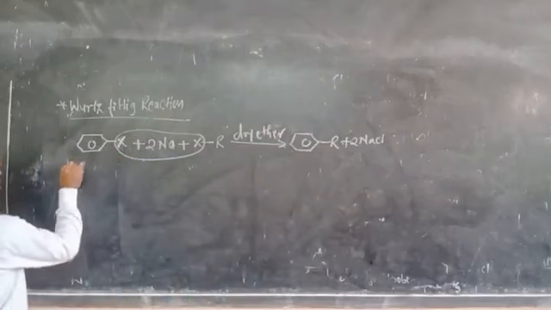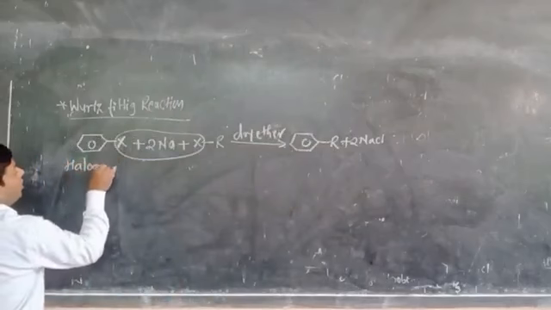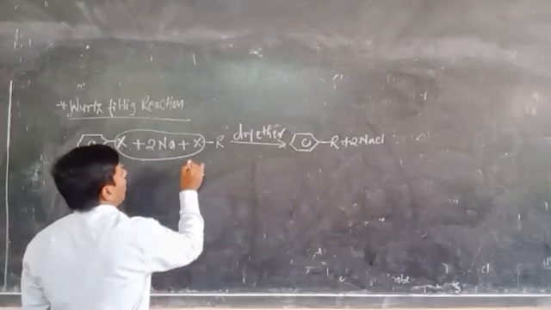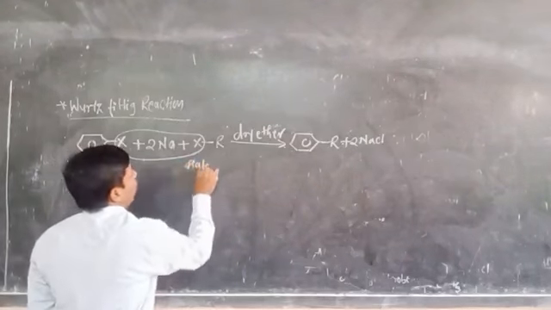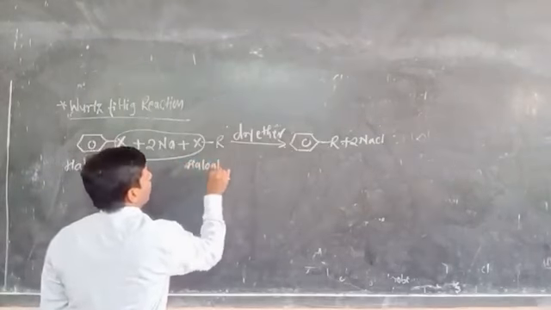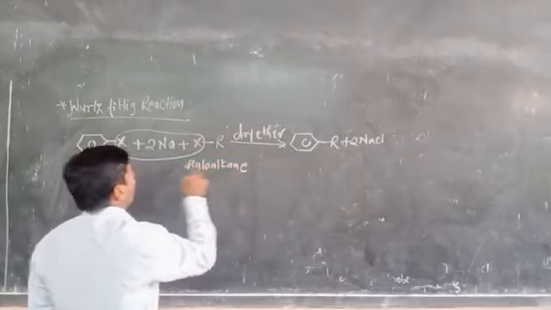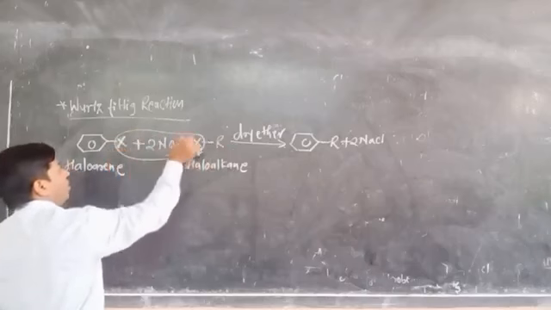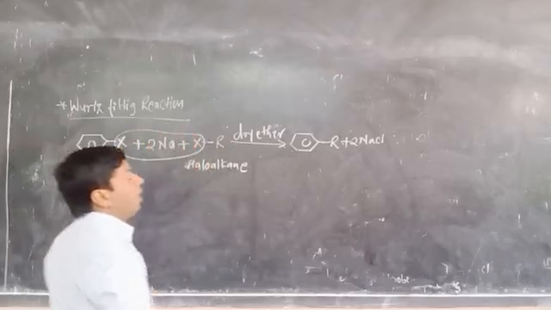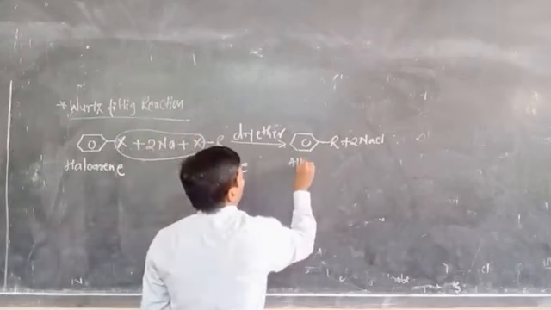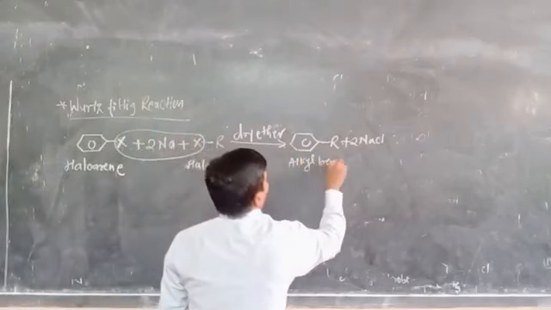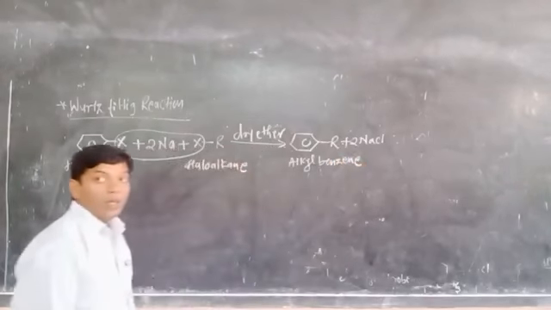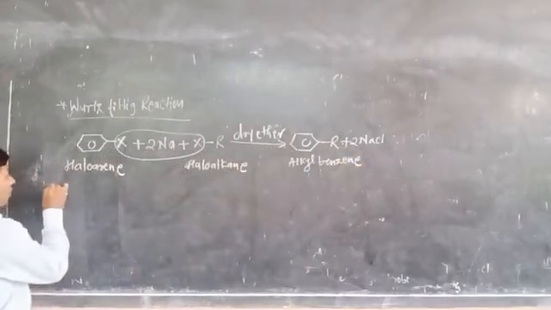One molecule of haloarene is treated with another molecule of haloalkane, or alkyl halide also you can call, no problem. Alkyl halide in the presence of sodium metal undergoes reaction, elimination of sodium halide takes place, and it gives alkyl benzene as a product. This is called Wolff-Fittig reaction. So let us discuss an example.